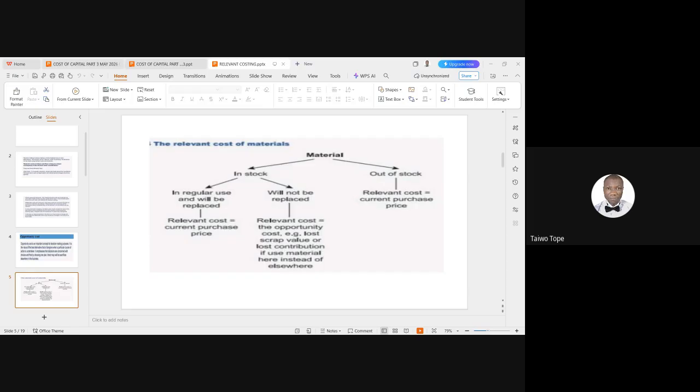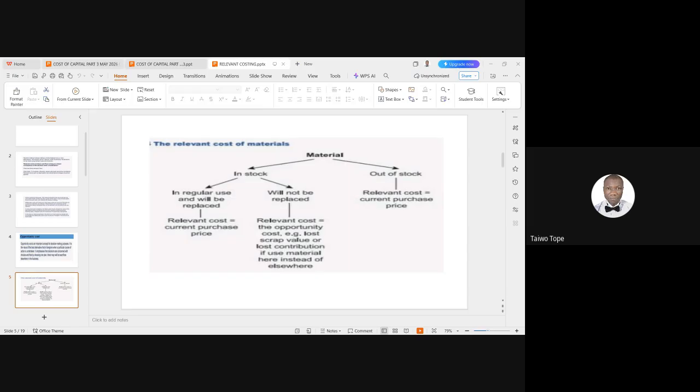Now, when you have such scenarios in a question, you look at the opportunity cost. If I don't use this material for this production, what are the other options? What are the other alternatives? The other alternative that you are going to choose will be the best. So in terms of this statement, what we are looking at is what will you sacrifice?